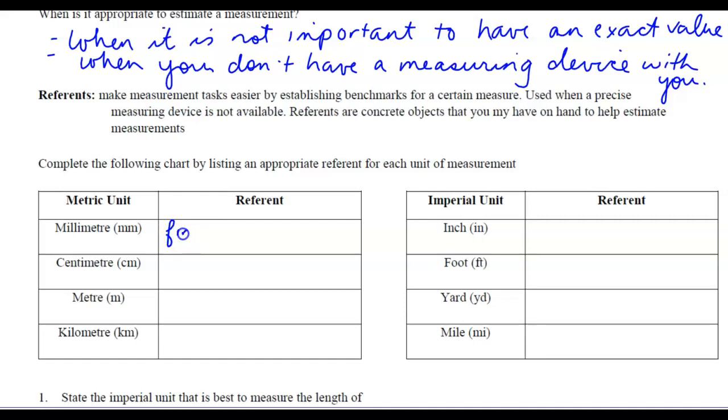You can choose your own, but make sure it makes sense. By cardstock, I mean that thick piece of paper, a little bit thicker, right? So the thickness of cardstock.